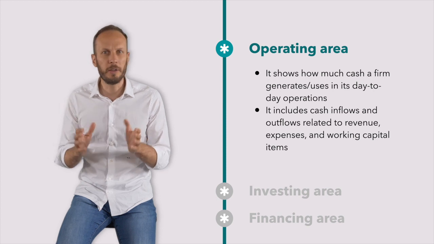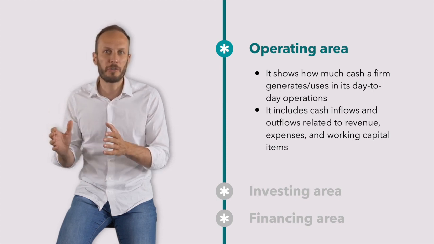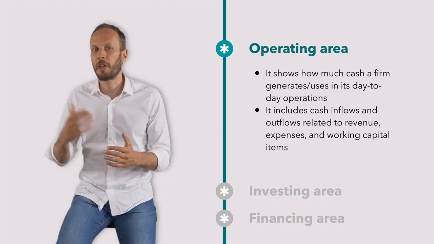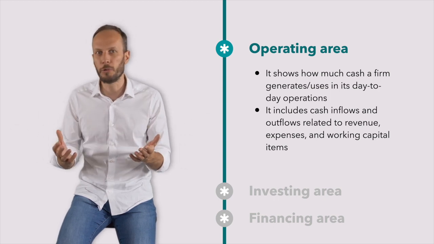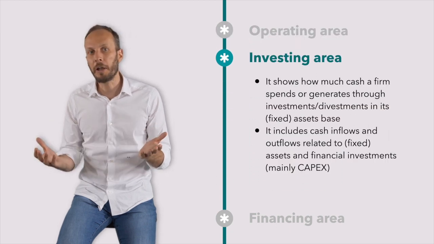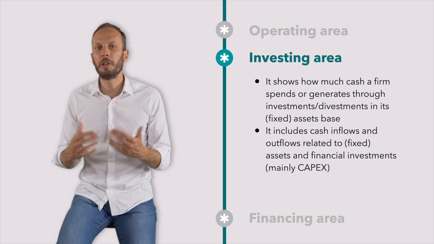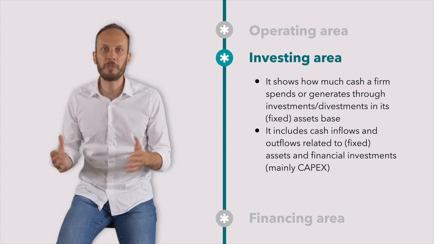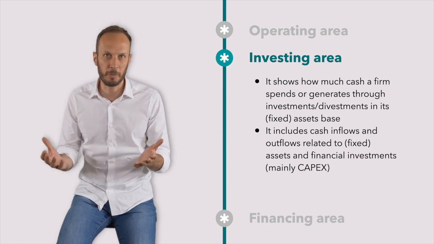First, operating activities. It shows how much cash a firm generates and uses in its day-to-day operations. It includes cash inflows and outflows related to revenue, expenses, and working capital items. Second, investing activities. It shows how much cash a firm spends or generates through investments or divestment in its assets base.